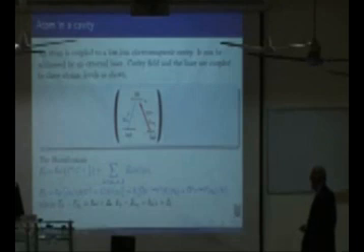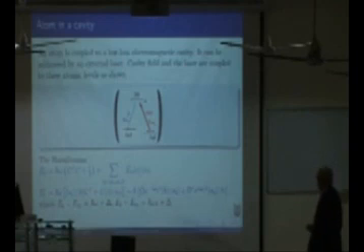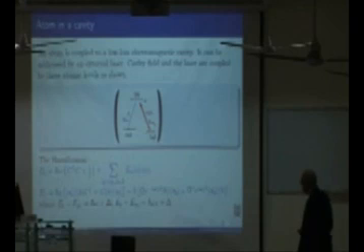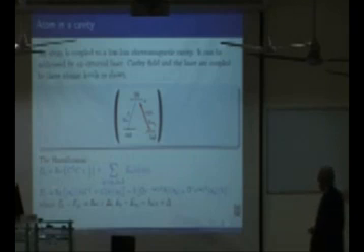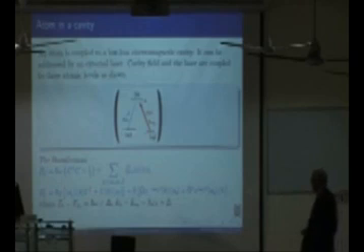So H bar g is the coupling between A1 and B, with the cavity field. It can create transitions from B to A1 or A1 to B with the emission or absorption of the cavity mode.